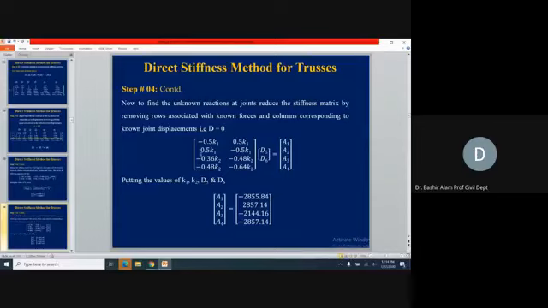So we are left with this matrix now, and D5, D6 are already known. When we put the values of D5, D6, this matrix is known. This way we find A1, A2, A3, A4, which are the support reactions.